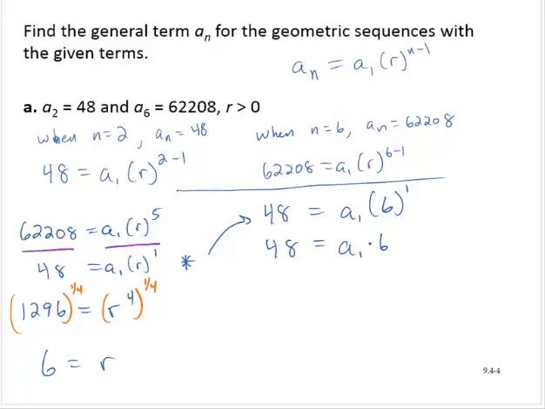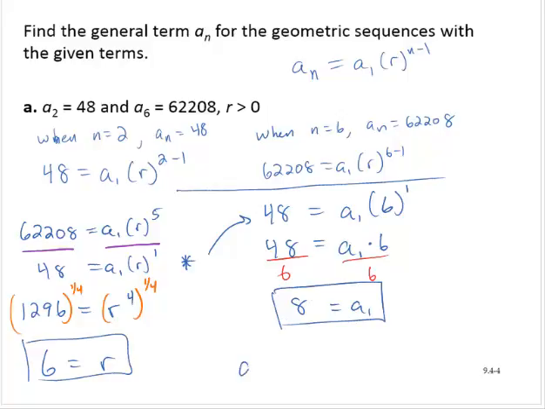Dividing through by 6, we find that a sub 1 is equal to 8. So we have r equals 6, a sub 1 equals 8, so then a sub n would be equal to 8 times 6 to the n minus first power.